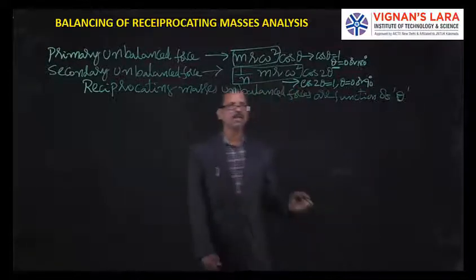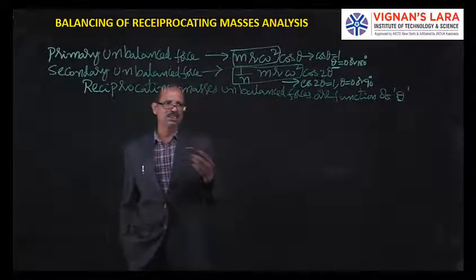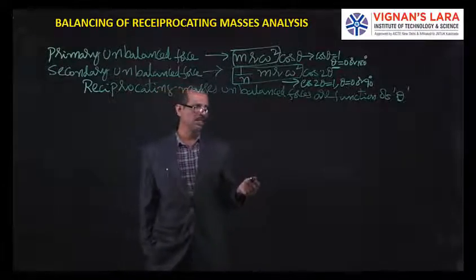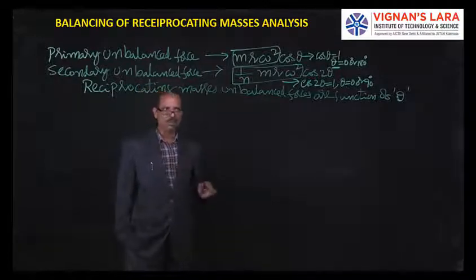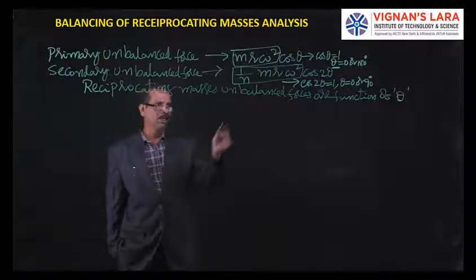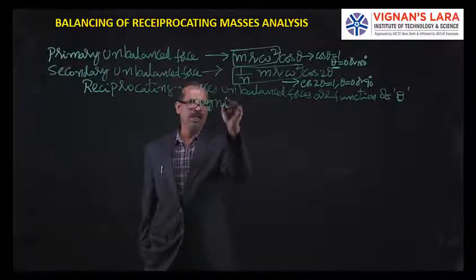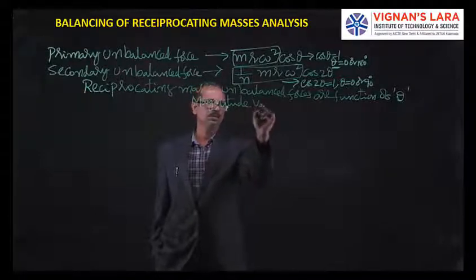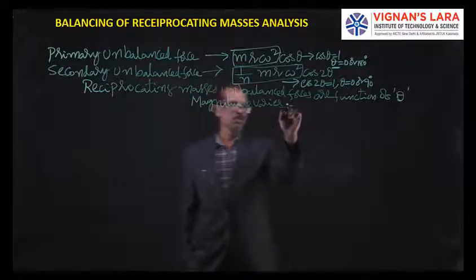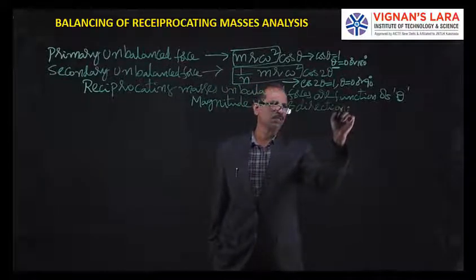Theta is the angle made by the crank. So whenever there is a change in the angle of the crank, there is a change in the unbalanced forces, both primary and secondary. The magnitude varies, but the direction is constant.